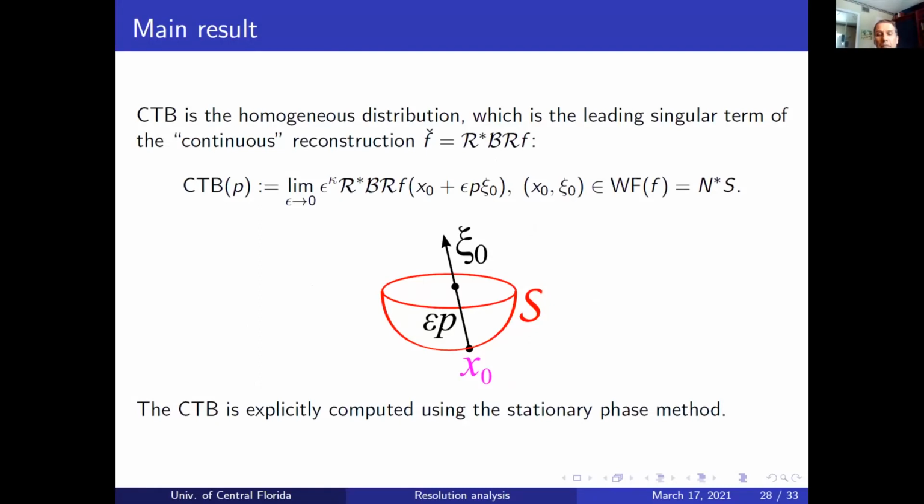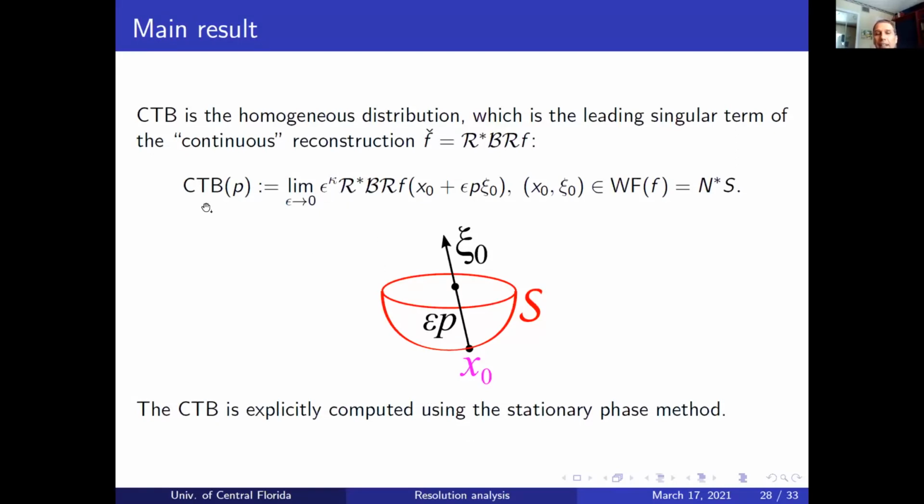So let's discuss a little bit more about what the CTB is, the continuous transition behavior. It's a homogeneous distribution, which is the leading singular term of the continuous reconstruction F check. It's given by this limit. The limit uses the same idea: you dilate the variable here by factor 1 over epsilon, and then multiply by epsilon to the kappa.